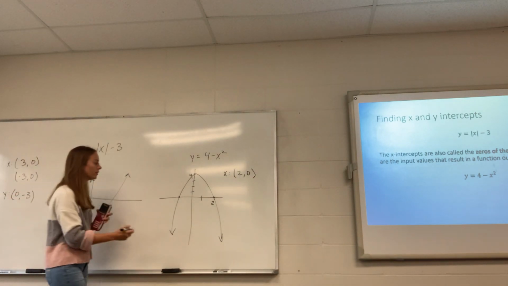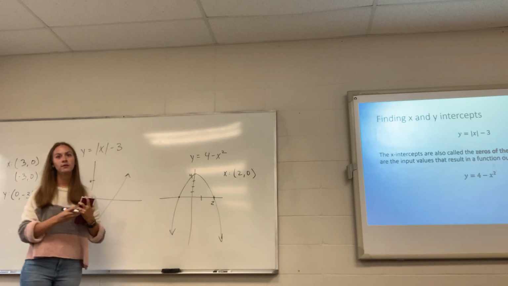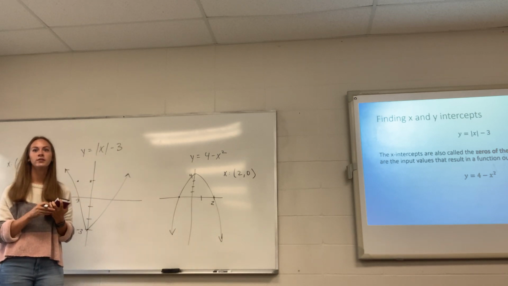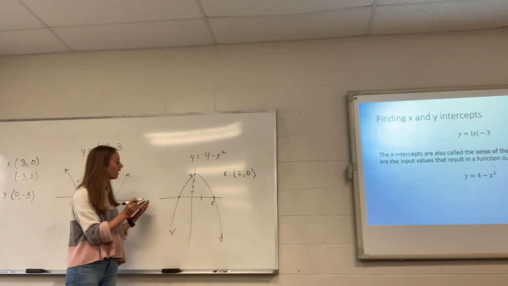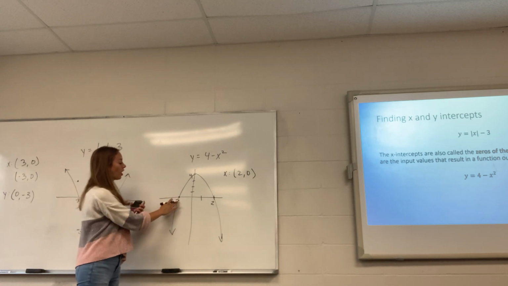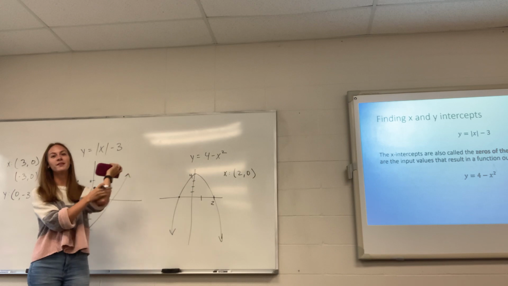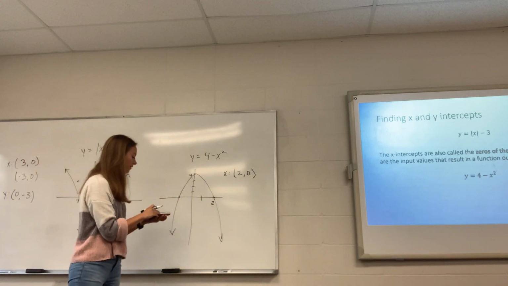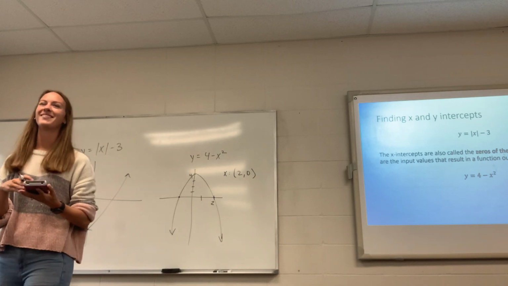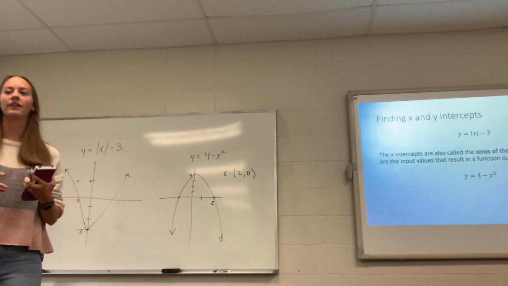And then, Mia, where do you think this one might be? 0, 3. Okay. For our x-intercept? 0, -1. Super close. Try -2.